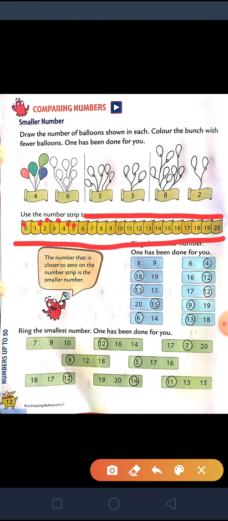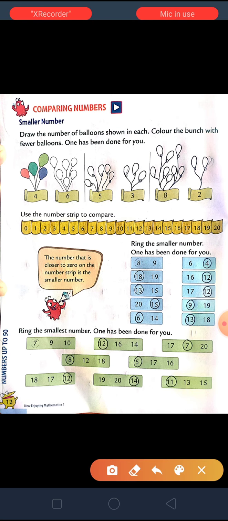So the number which is closer to 0 is the smaller number. Now write the smaller number. They have already done one for you. As you can see here, 8 and 9 are given and 8 we have to trace. Compared to 9, 8 is the smaller number.